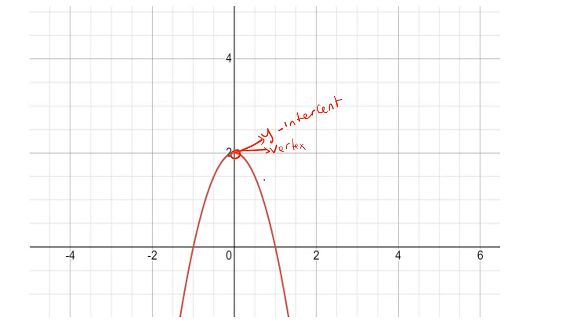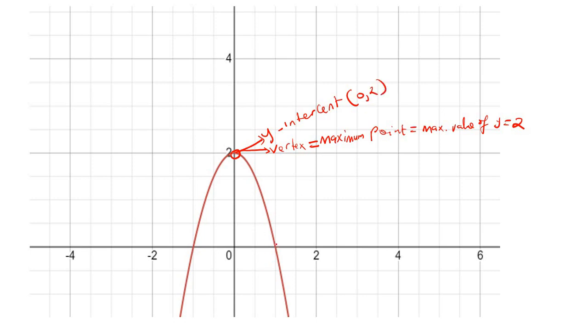Because it is concave down, we'll be talking about the maximum point. Here we will get the maximum value for our y. And here the maximum value is what? 2. Is that clear? So at this junction, we have x is 0 and y is 2.